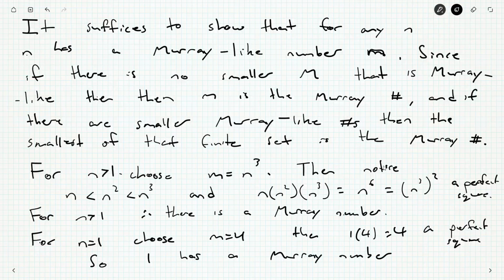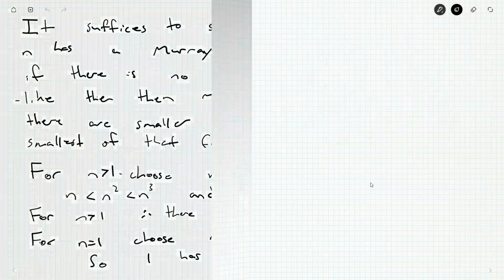It isn't necessarily 4, because 4 is just Murray-like. But as long as we have one Murray-like number, we get the existence of a Murray number. No idea what it is, but we know there must be one. In fact, based on the second thing we have to prove, 4 must be the Murray number, because it's got to be at least n plus 3. Okay. So we've shown that Murray numbers exist.